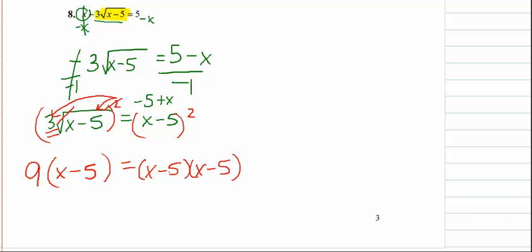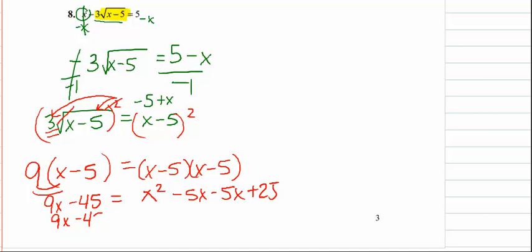So a group squared, write it twice. Let's clear parentheses on both sides. So we get 9x minus 45 equals x squared minus 5x minus 5x plus 25. So 9x minus 45 equals x squared minus 10x plus 25.